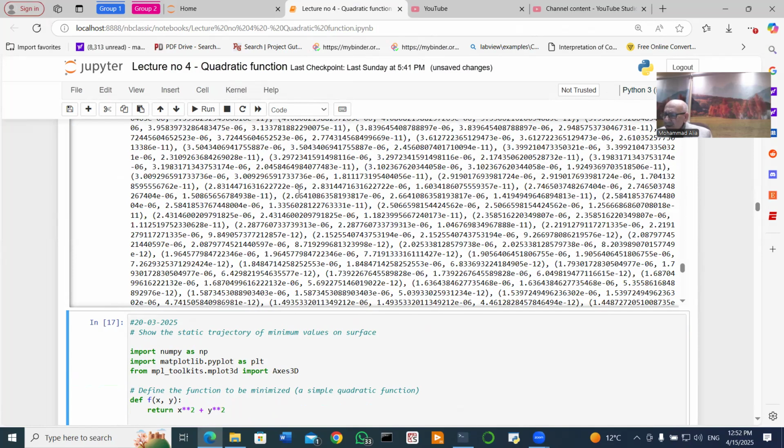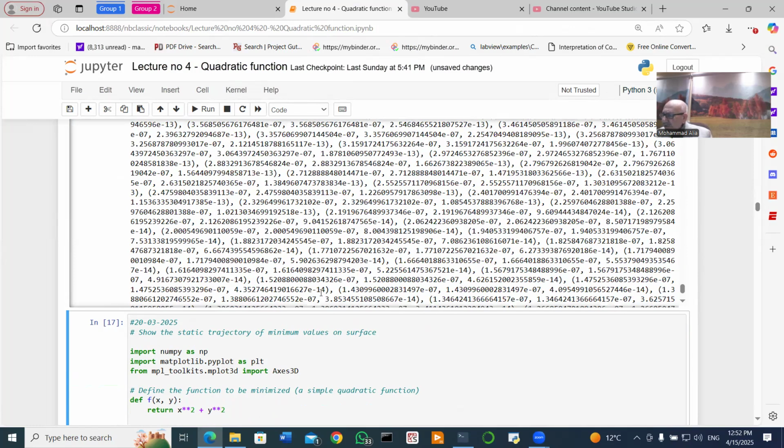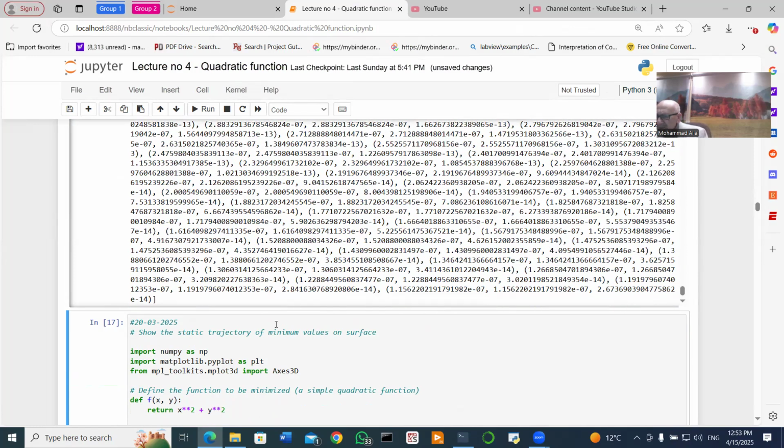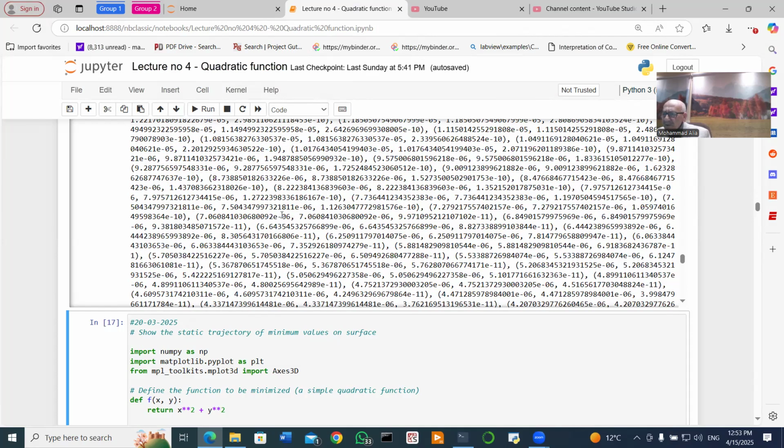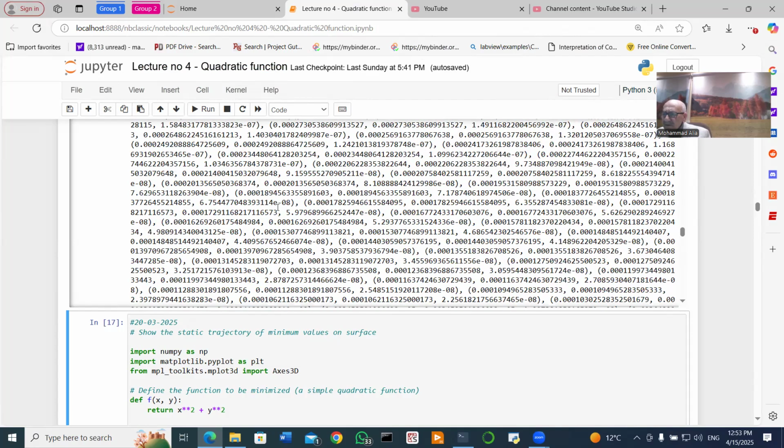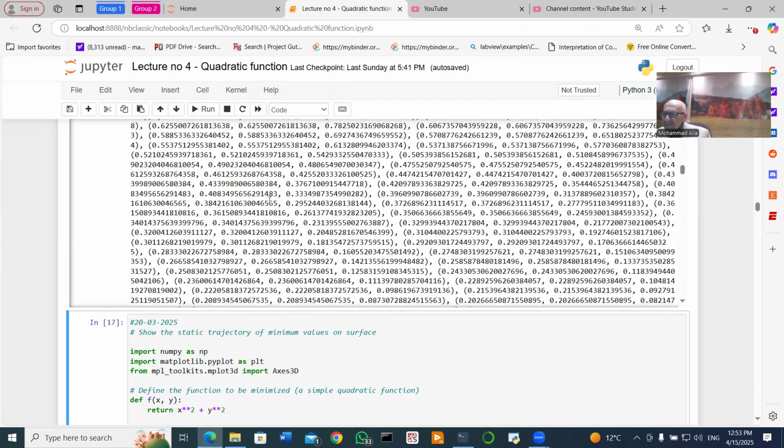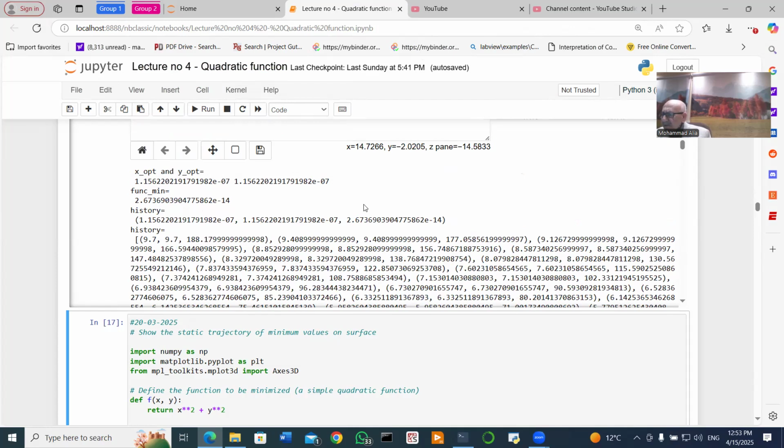If we go now and have a look at the last one here, y is to the order of minus 14. If you go up there, you will find it here, to the order of minus.